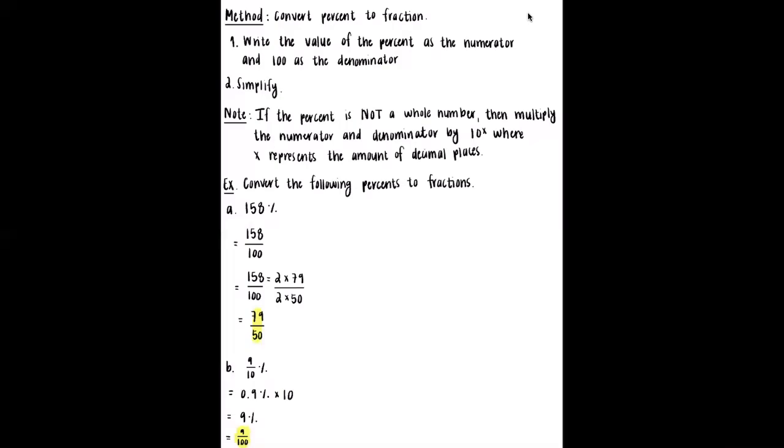So now we go ahead and multiply by 10. Here you want to do some side multiplication: what is 0.9 times 10? Well, 0.9 times 10 is 9. So we're looking at 9%. Remember, percentage means out of 100.